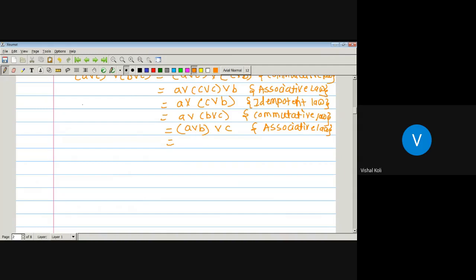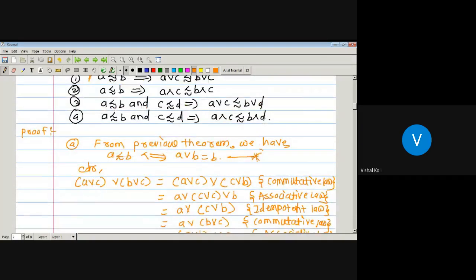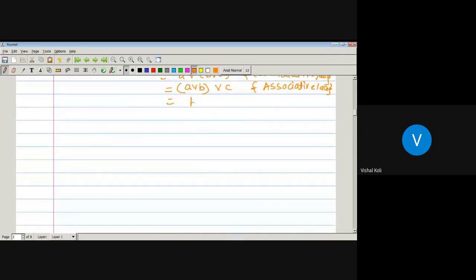Now, we are given that A precedes B, and if A precedes B, then A join B will be equal to B, which is from the above. Here we have taken, from star, if A precedes B, then A join B will be equal to B. Then just put the value of A join B as B, which is from star.